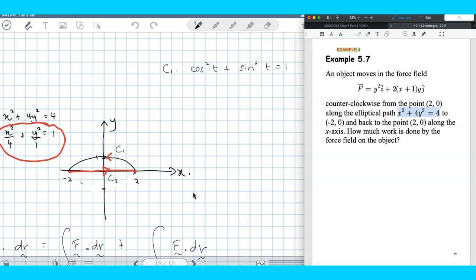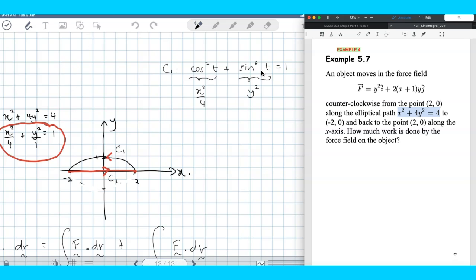Why am I taking that one? Because it looks like something squared plus something squared is equal to 1. So they have the same pattern, right? This one is x squared over 4 and this one is y squared.